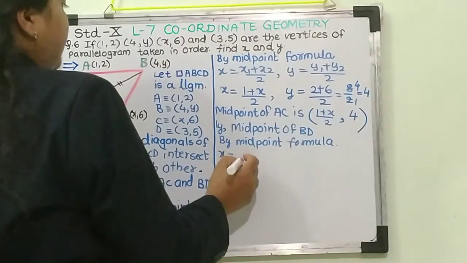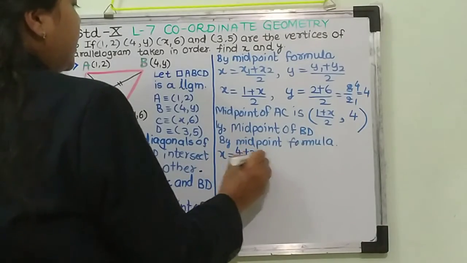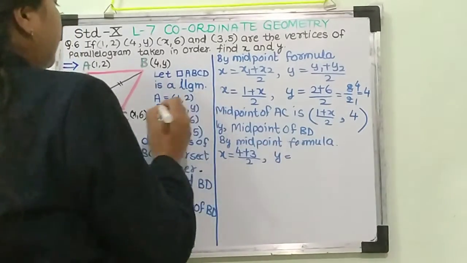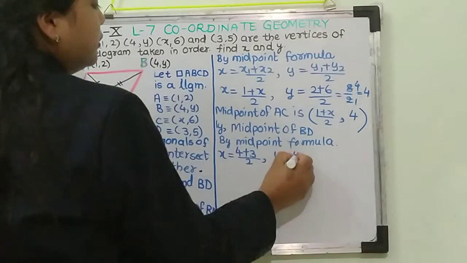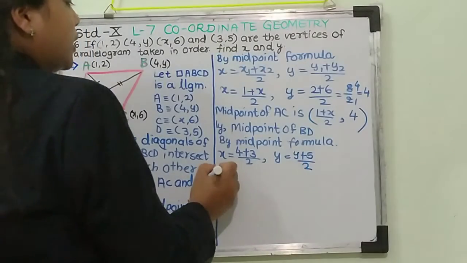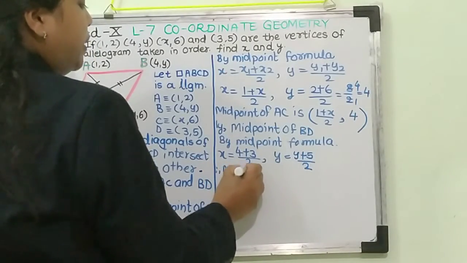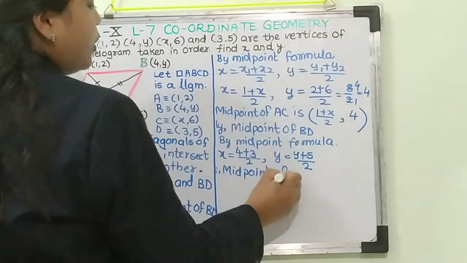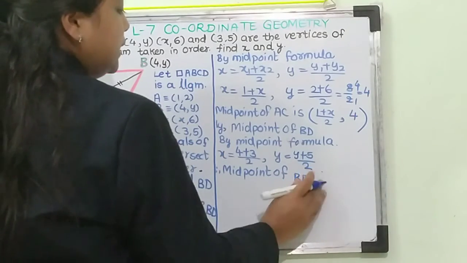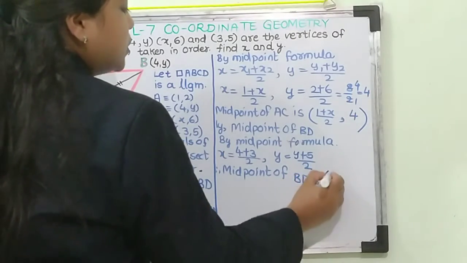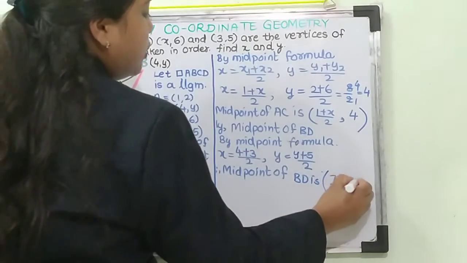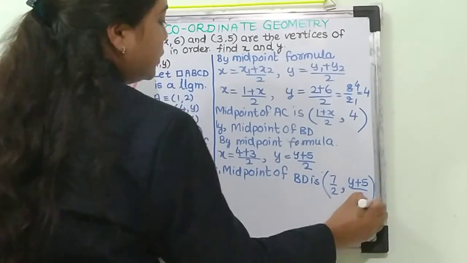So I will get here 4 plus 3 upon 2, and y equals y plus 5 upon 2. Therefore, midpoint of BD equals: the x coordinate is 4 plus 3, that is 7 upon 2, and the y coordinate is y plus 5 upon 2.